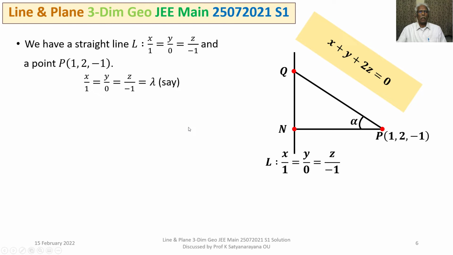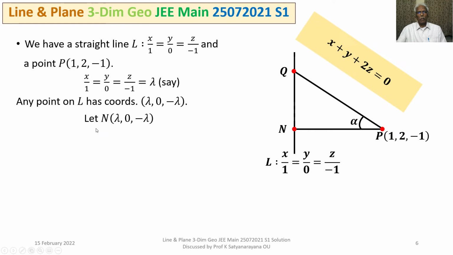That is, lambda comma 0 comma minus lambda will represent the coordinates of any point on the line L. As lambda varies, it will give rise to various points on the line L. Now because N lies on L, N will also have coordinates of this form. Let N be with coordinates lambda comma 0 comma minus lambda.